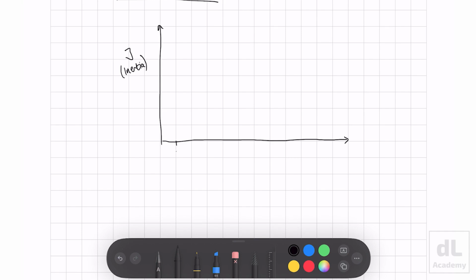There's no point having one cluster, so 2, 3, 4, 5, etc. And what you will see is a decreasing function, a function that comes down.